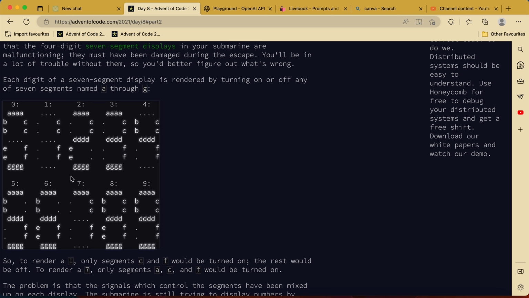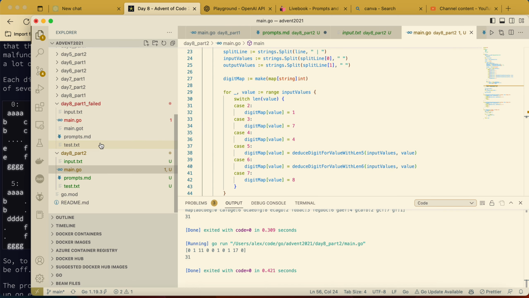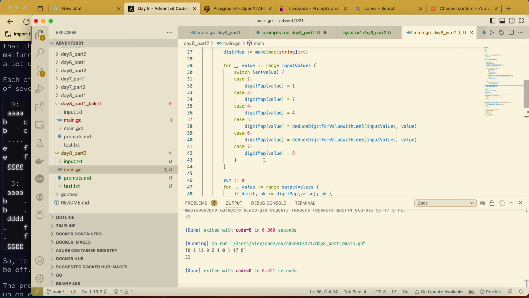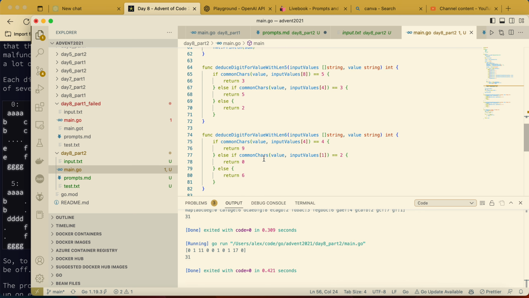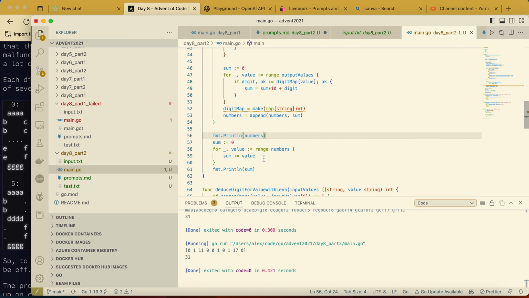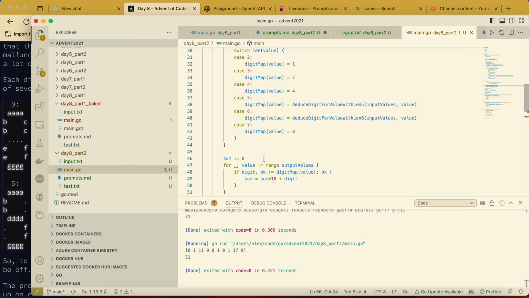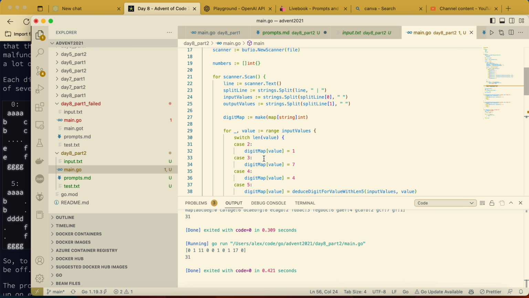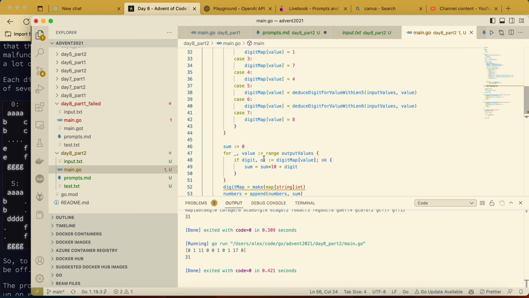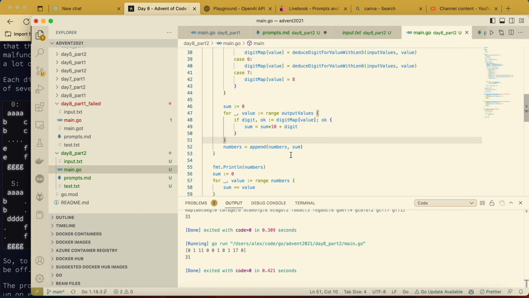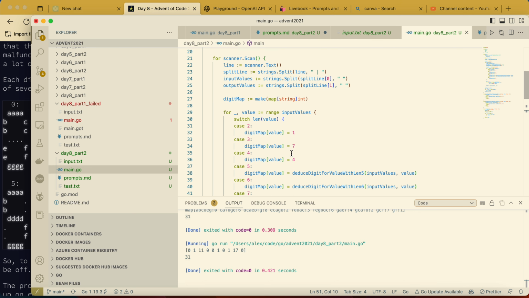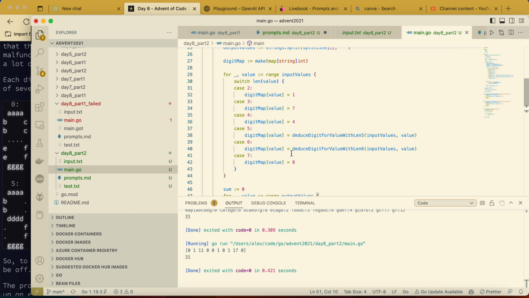With 5 that are 3, 5 and 2. 3, 5 and 2. Okay, I mean the whole thing would need to be completely reset every time.